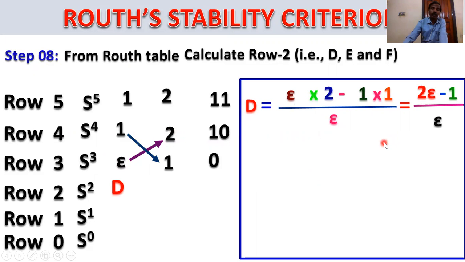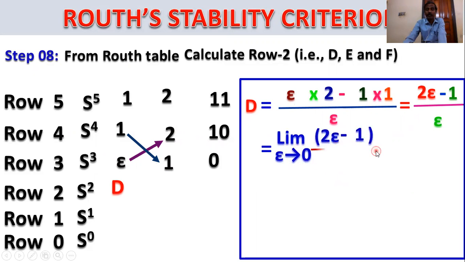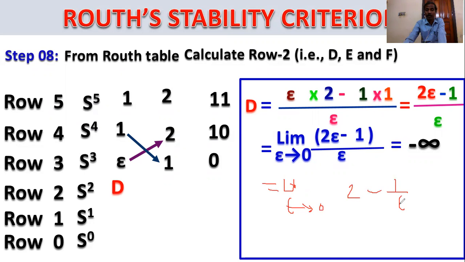This is the value of D, and for D, epsilon tends to 0. The limit as epsilon tends to 0 of 2 epsilon minus 1 divided by epsilon equals minus infinity, because this is equivalent to the limit as epsilon tends to 0 of 2 minus 1 by epsilon.